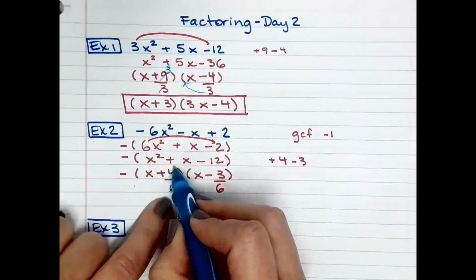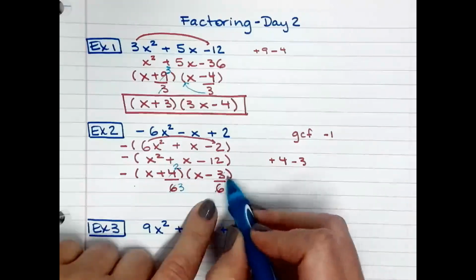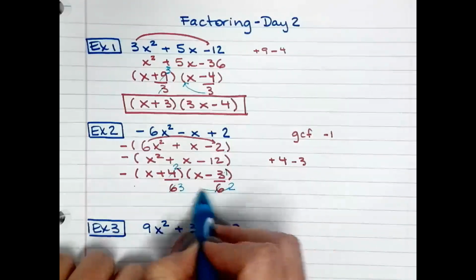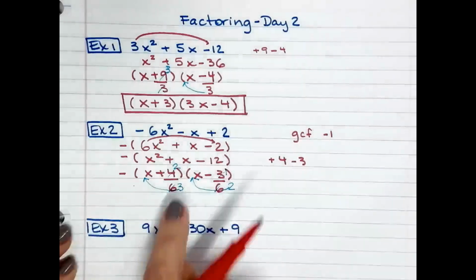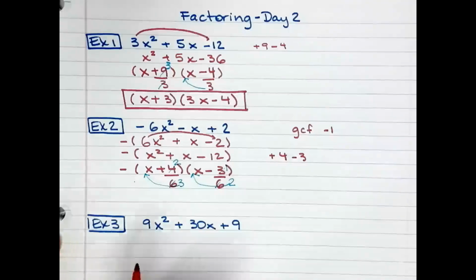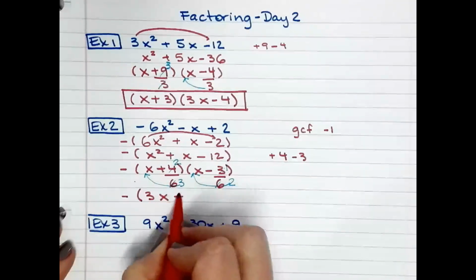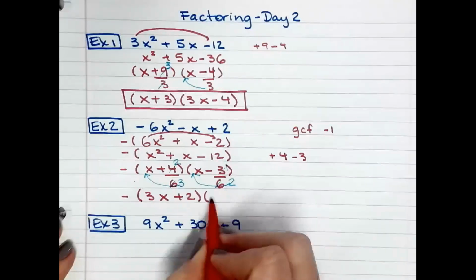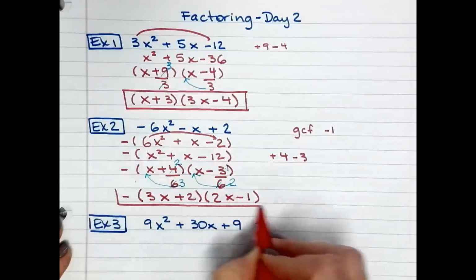So 4 and 6, here I have 2 and 3. 3 and 6, and here I have 1 and 2. And that's what you're going to bring up. Bring that up. Okay, sorry, it looks messy, but there's nothing I can do. Okay, negative 3x plus 2, and then 2x minus 1. The end.